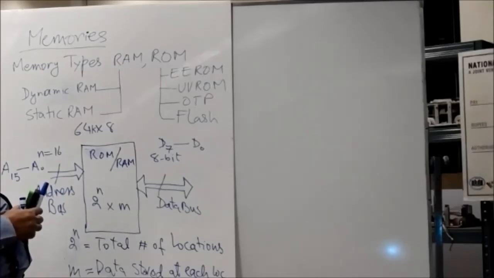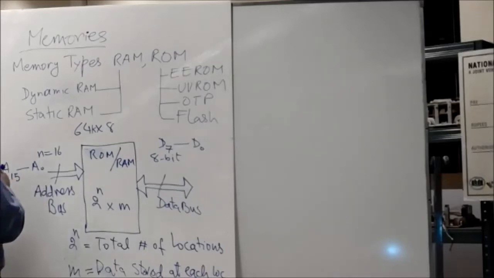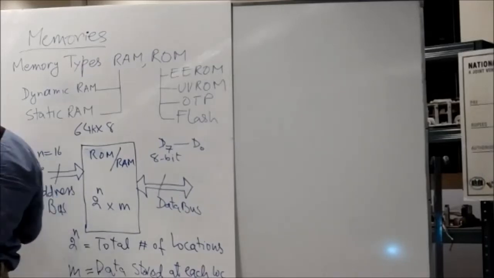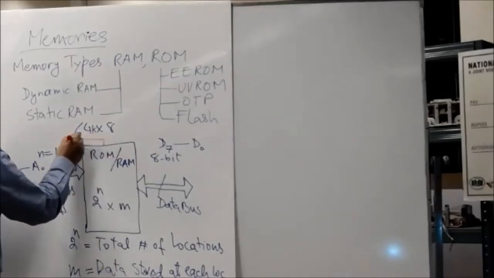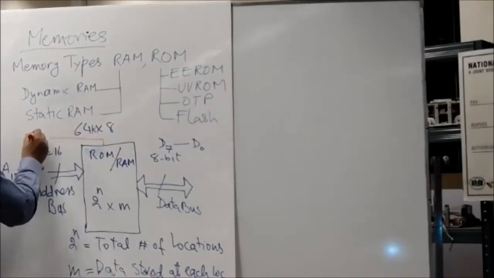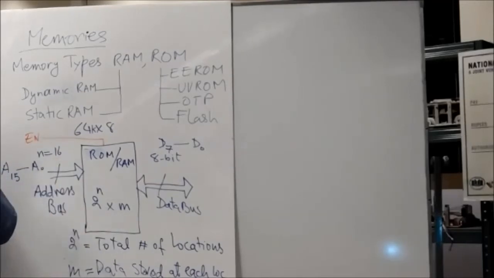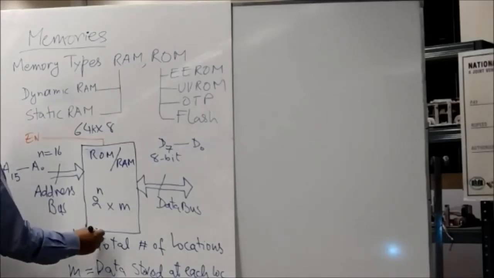In the case of RAM, you also have two more signals associated with this. One is, of course, enable, and the other one is very important, and that is read write.